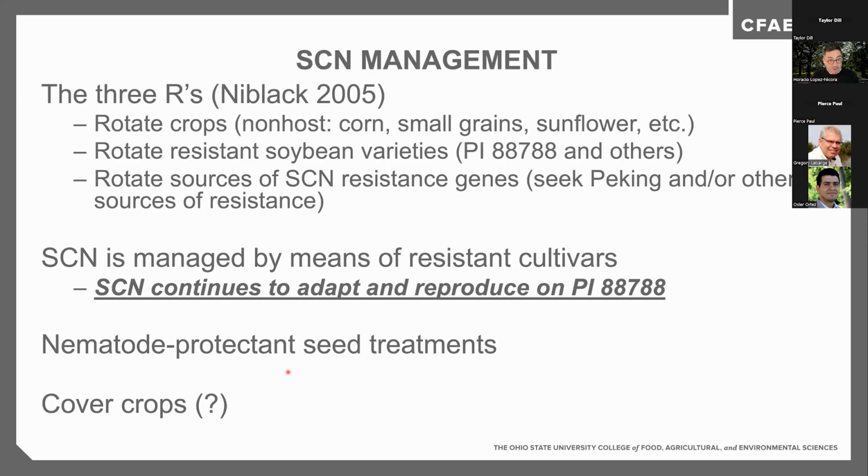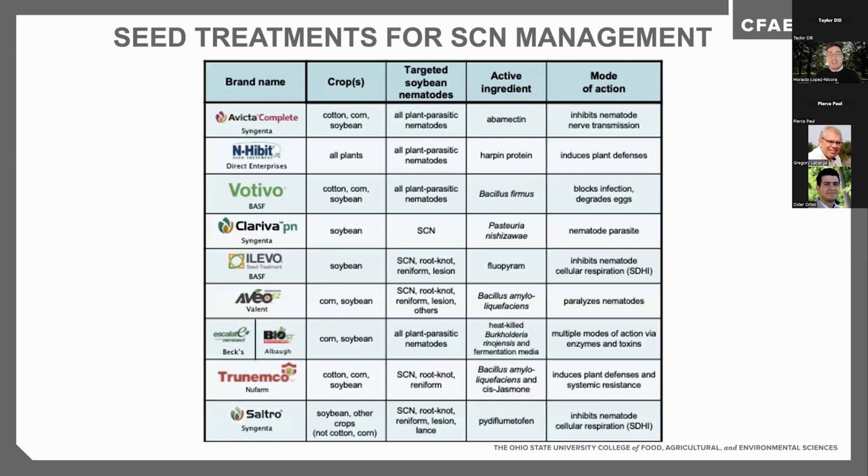But what I want to cover now is one of the trials that we conducted last year. Many seed treatments are labeled as having an effect on nematodes. One of those is Ilivo. Ilivo is a fungicide, fluopyram. It works extremely well to manage the fungus that causes sudden death syndrome, SDS, but it's also labeled as having an effect on protecting soybeans against soybean cyst nematodes and other nematodes.